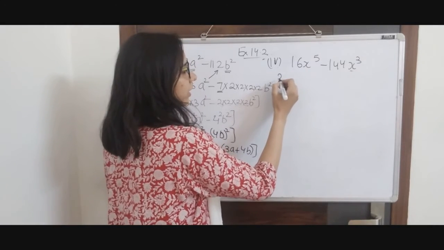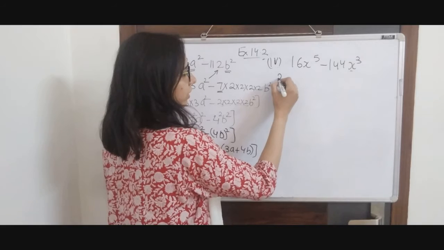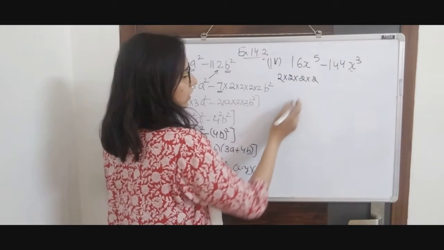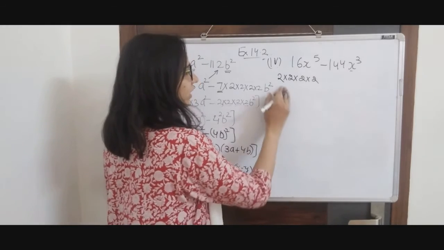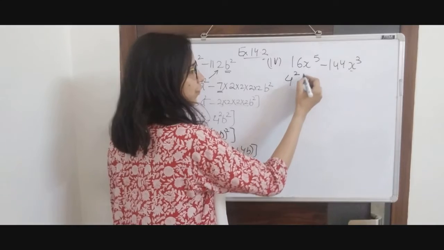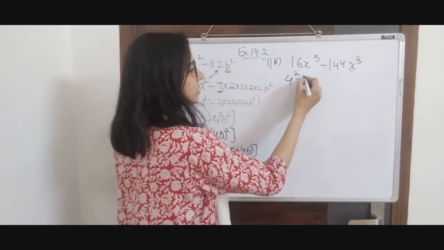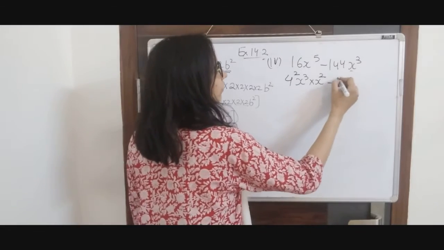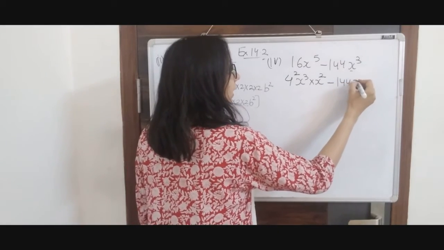It is written as 2 into 2 into 2 into 2, or you can directly write it as 4 ka square. Okay, 4 ka square x⁵. x⁵ you can write as x³ into x² minus, this will be 144x³.